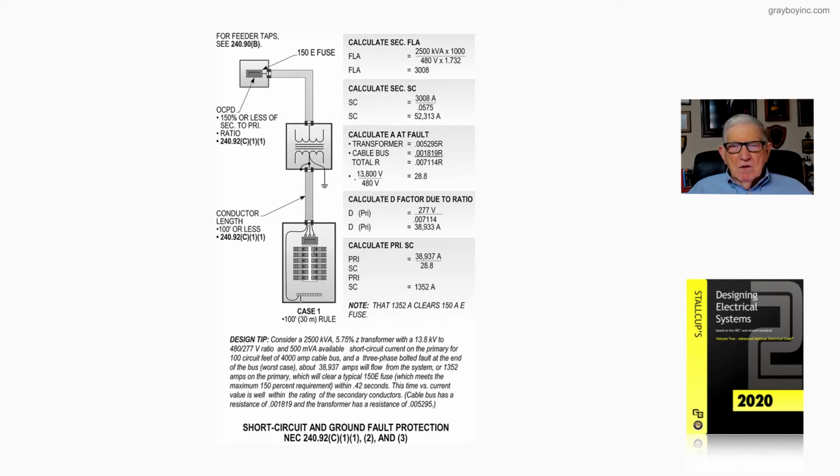So, those are the things that are important. But you're basically taking 277 volts to ground to get your resistance that we're looking at there. But you get all that information right here in the design tip. I'm just breaking it down a little faster for you, but you can look it up and calculate it yourself if you want to.